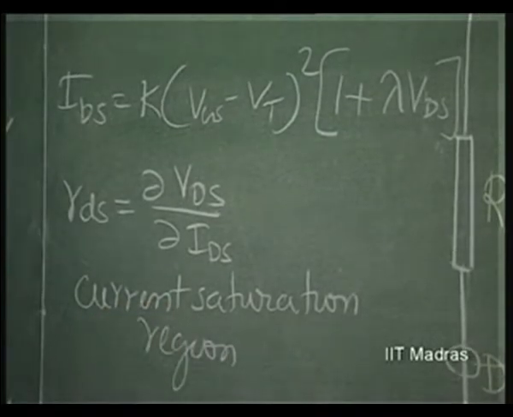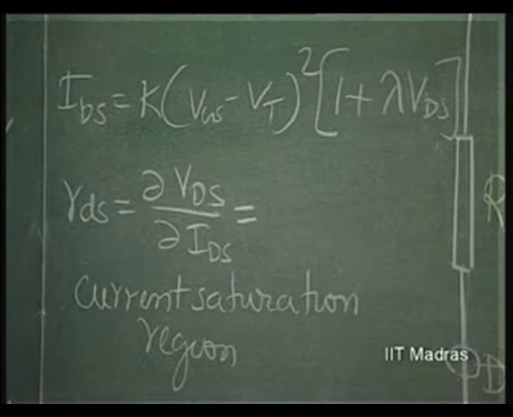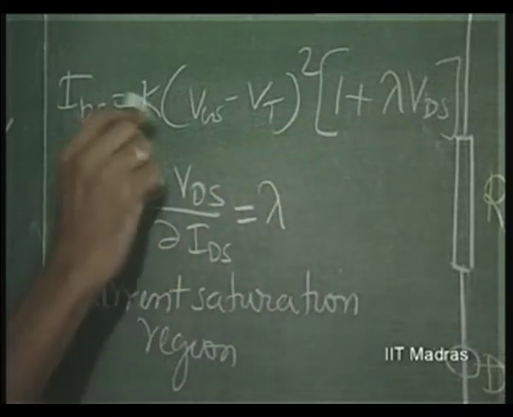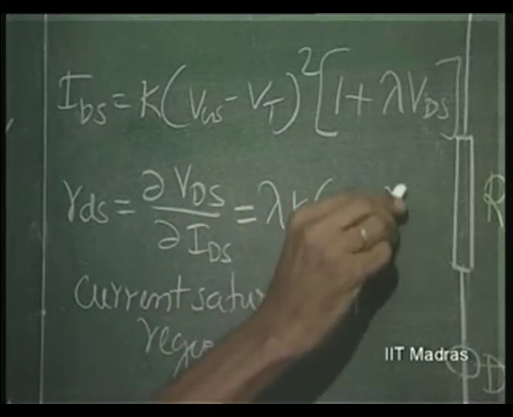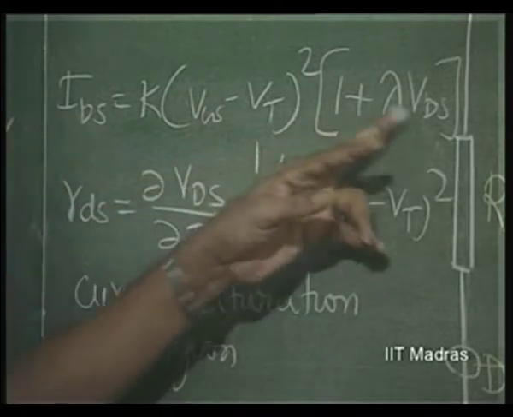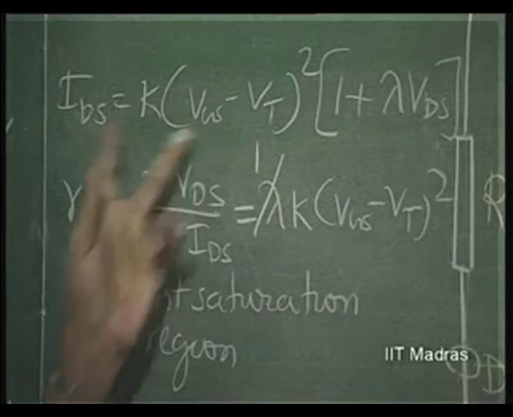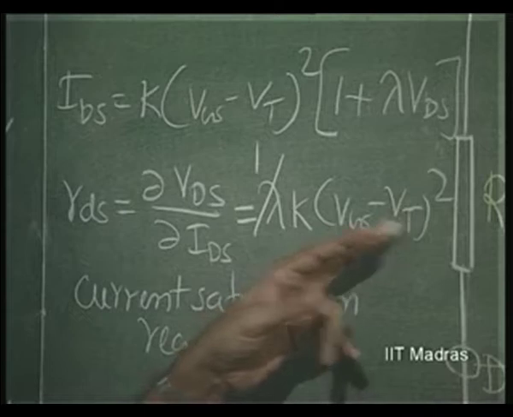Ideally speaking, this should be infinity, whereas now how much is it going to be equal to? Delta IDS by delta VDS is lambda times K times VGS minus VT whole squared. So delta VDS by delta IDS is 1 over lambda into K into VGS minus VT whole squared.